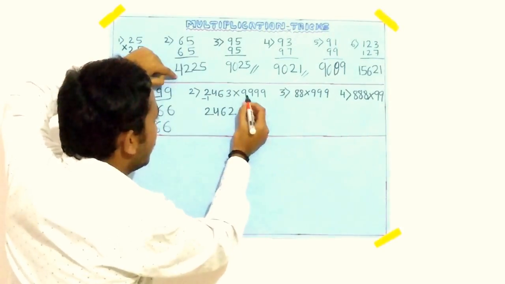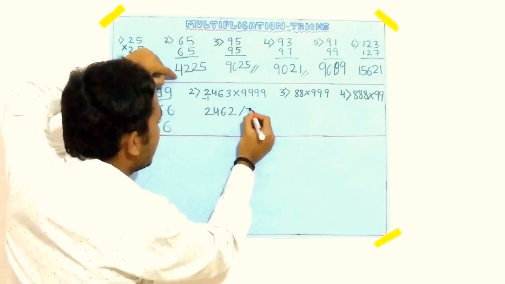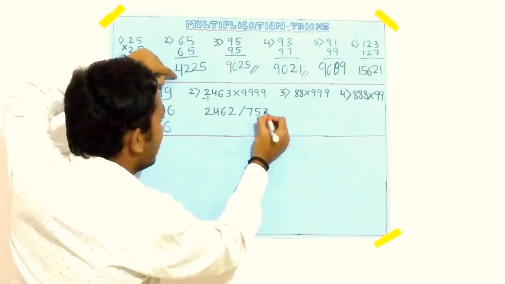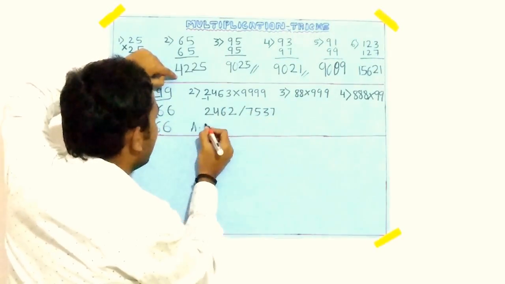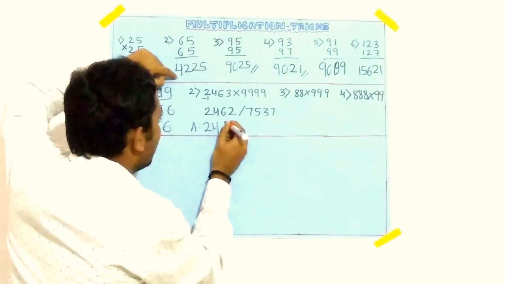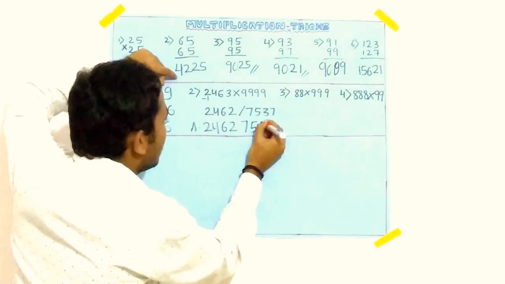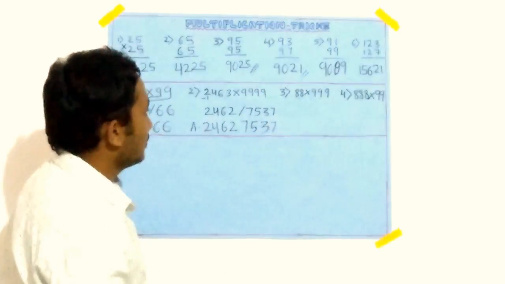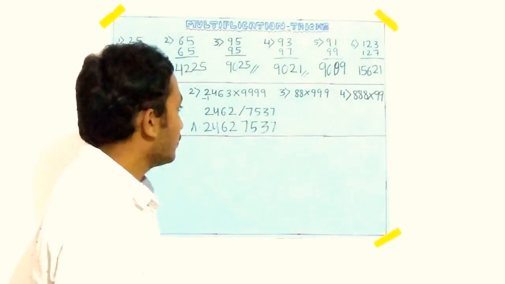Again we subtract each of these 4 digits from 9: 9 minus 2, 7; 9 minus 4, 5; 9 minus 6, 3; 9 minus 2, 7. The answer is 2462 7537. This is the answer. It's a bigger number, but you solved it within 3 to 4 seconds.